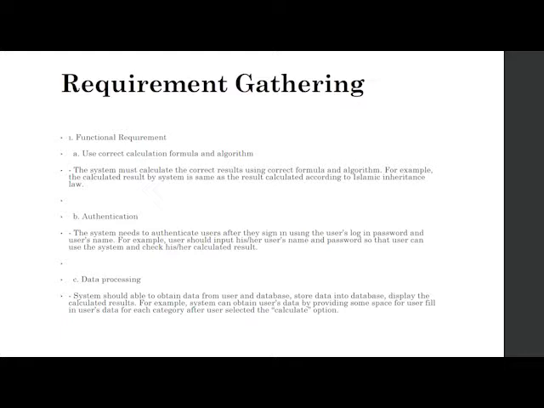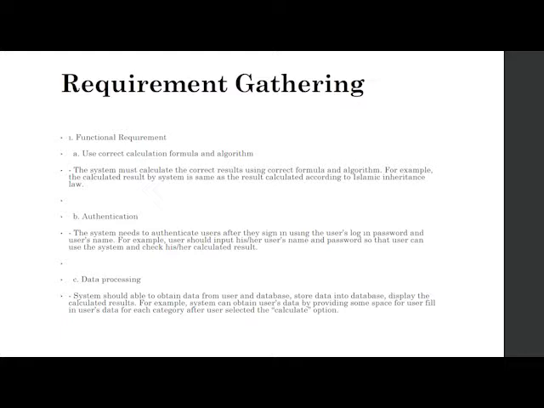The third one is data processing. The system should be able to obtain data from the user and database, store data into the database, and display the calculated results. For example, the system can obtain user's data by providing some space for the user to fill in data for each category, after the user selected the calculated option.